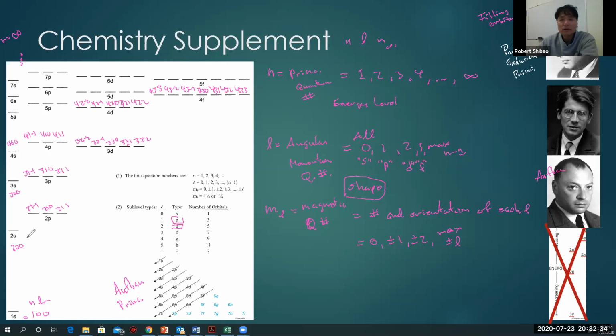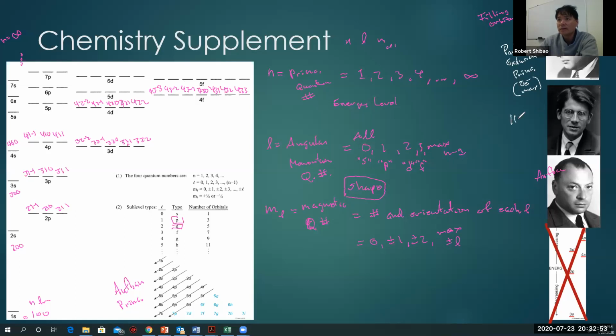Each of these orbitals can hold 2 electrons, 2 electrons max per orbital. The Pauli exclusion principle is a little bit more involved than that, but that's the basic result. And they have to be what we call opposite spin. We'll talk about that later.